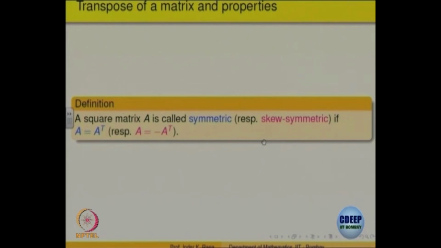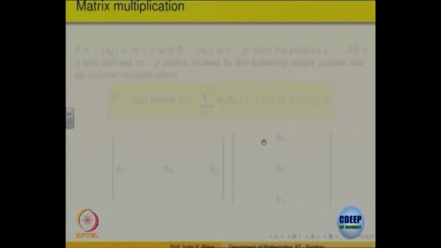Yes, because transpose will change rows to columns. If A was M cross N, transpose becomes N cross M, and if they have to be equal, that means M has to be equal to N, otherwise they are not equal, from the equality of matrices. So, the concept of symmetric or skew symmetric matrices is defined only for square matrices.